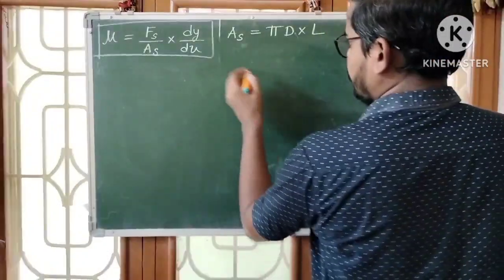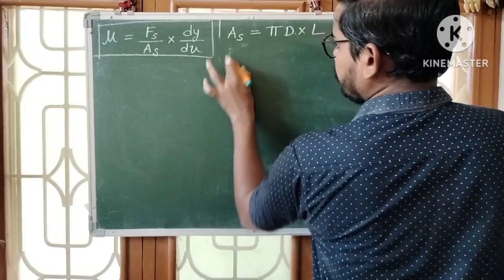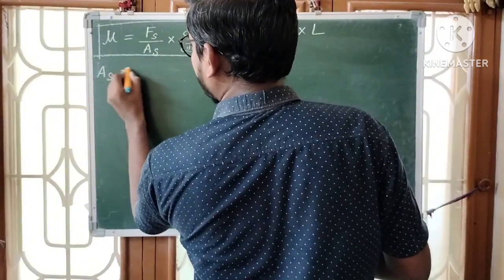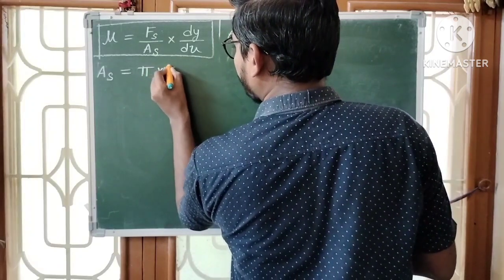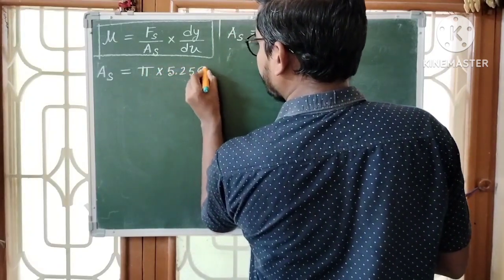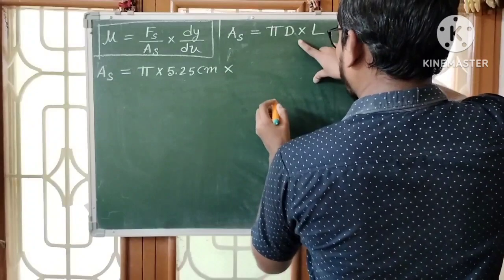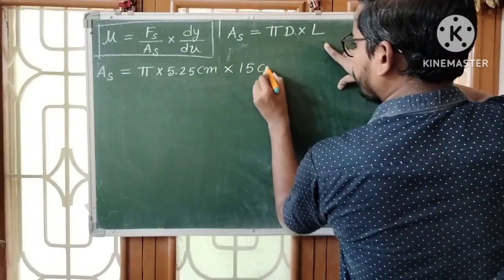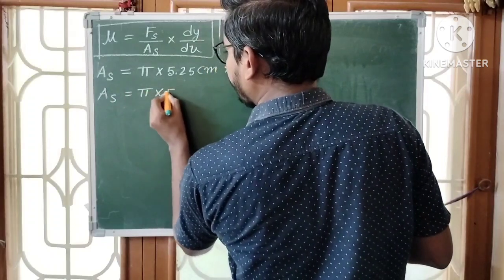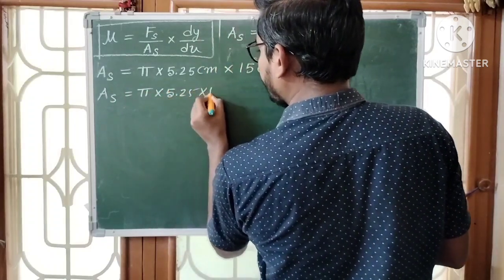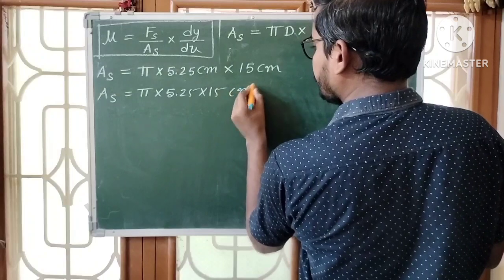Now As, the area under shear, is equal to pi into the diameter of the pipe, 5.25 centimeters, into the length of the pipe, 15 centimeters. So As is equal to pi into 5.25 into 15 centimeter square.